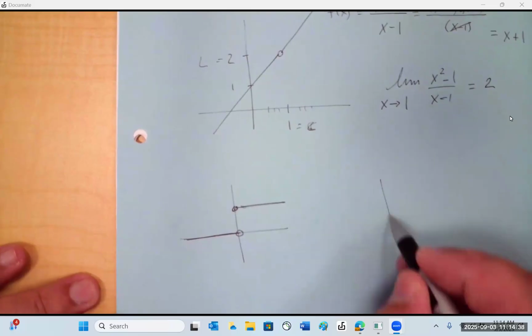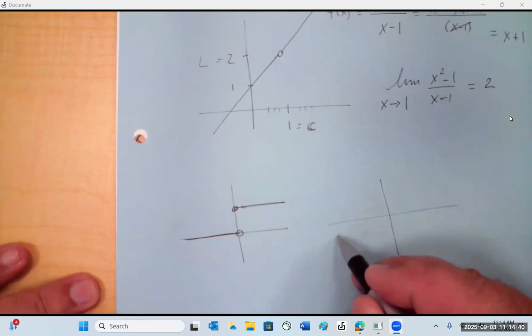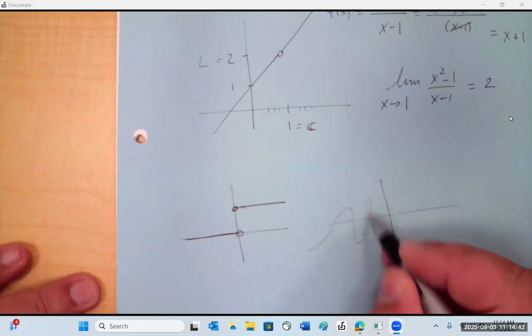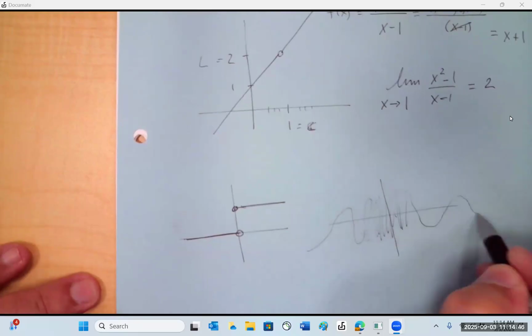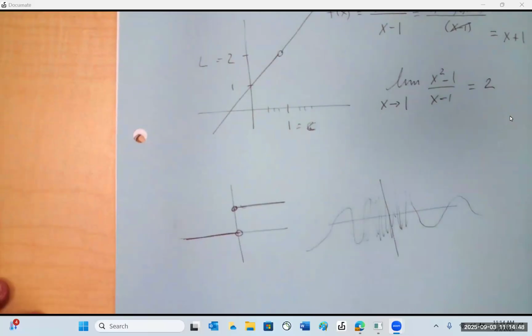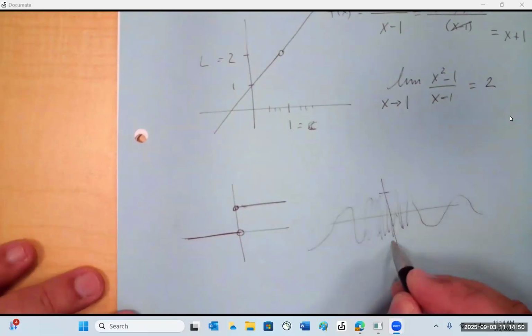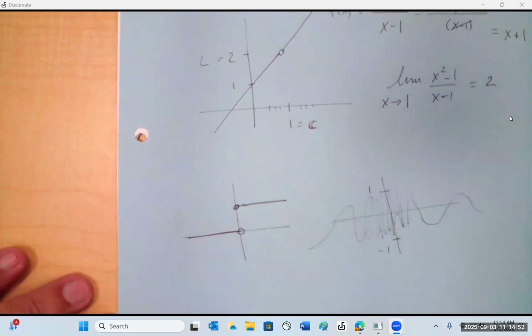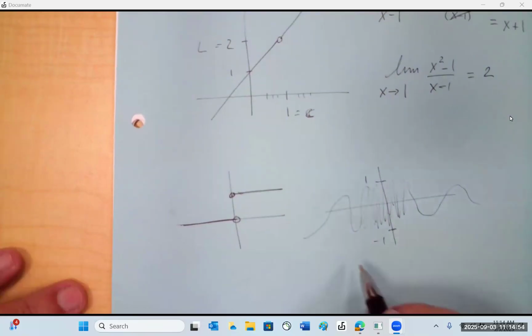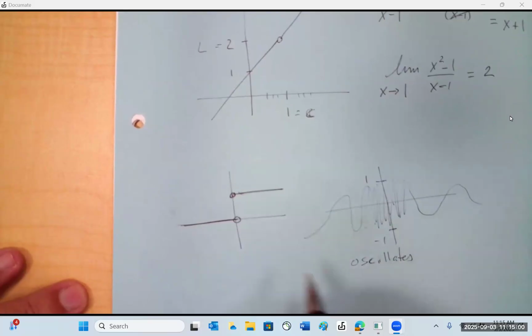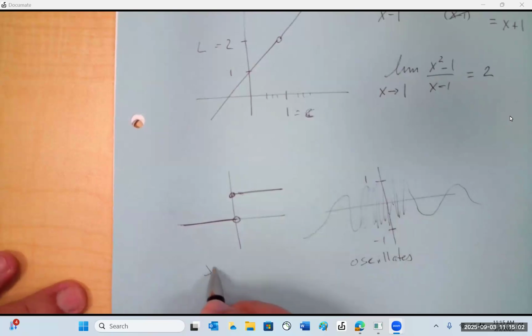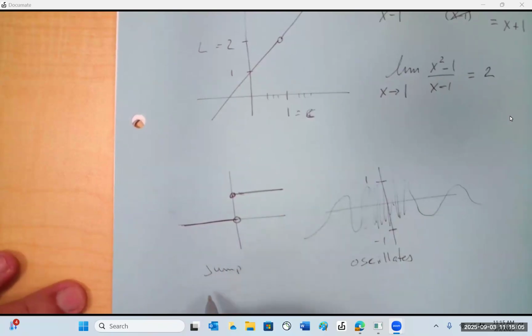Another one that we saw was when it oscillates violently between +1 and -1. If the function oscillates, we have a discontinuity.